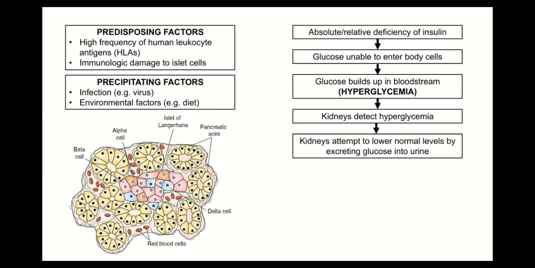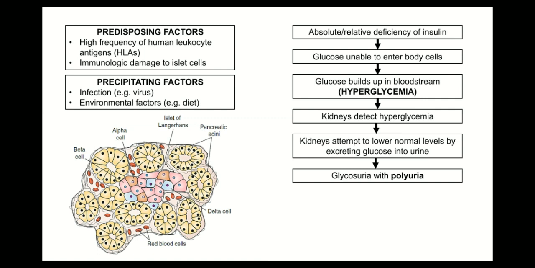So the kidney will attempt to lower the glucose levels by excreting glucose into the urine. When there is glucose in urine, that is called glycosuria.